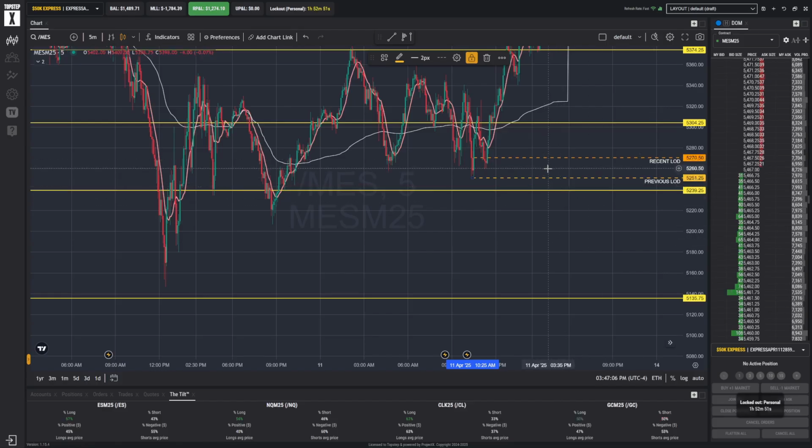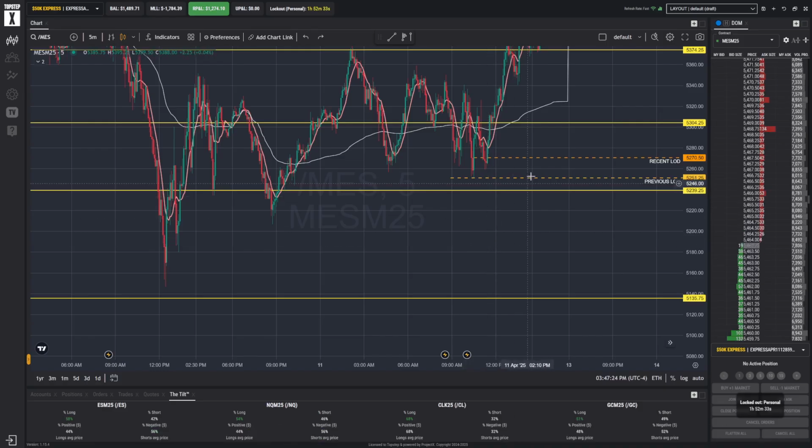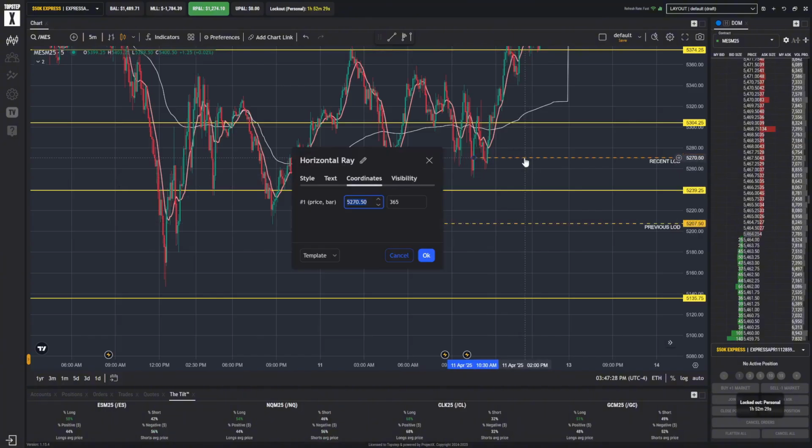Whoa, what's going on here? No. Why? Okay. Anyways, don't know why I did that, but let's just adjust this anyways. So recent low of day will be here.